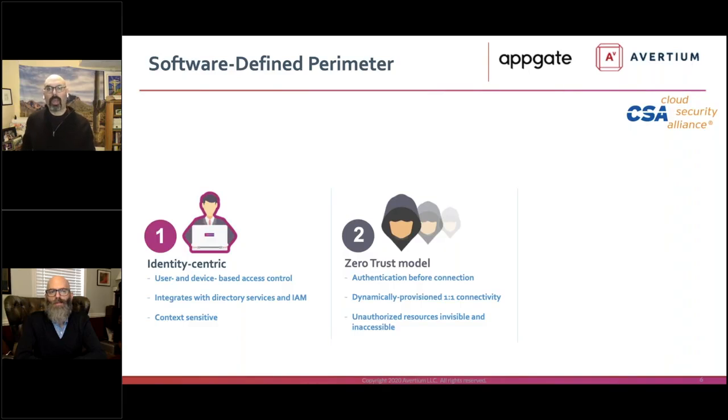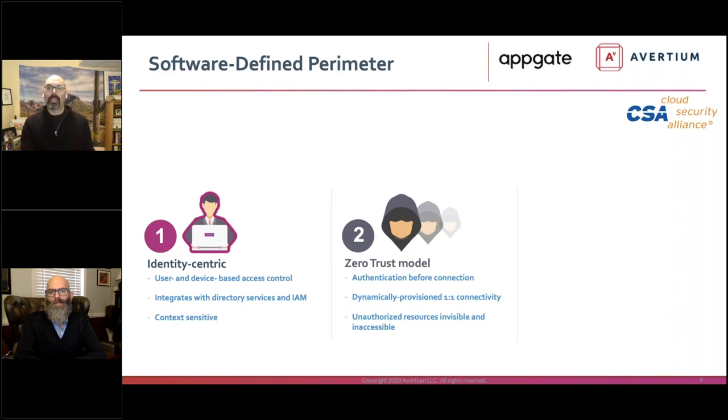This is really a nice thing that SDP does: it utilizes some very basic cryptography to ensure that only authenticated and authorized users are allowed to actually establish a network connection. It really avoids some of the problems that organizations have today with things like VPNs or other remote access solutions that are exposed and advertising themselves to every adversary on the planet.